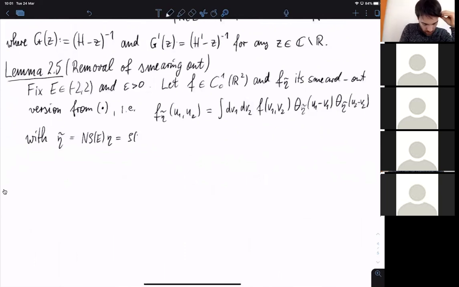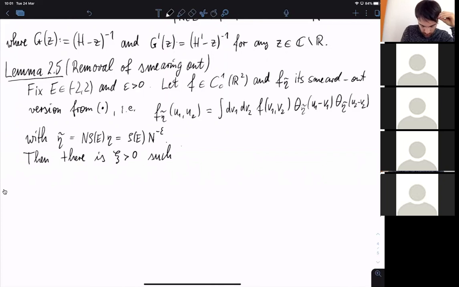Okay, and then the statement is that we find an xc such that the difference, if I test the 2-point intensity measure with respect to f or with respect to f eta tilde, is small.